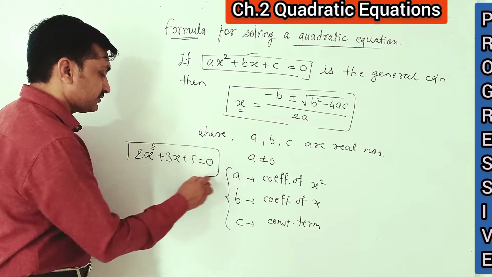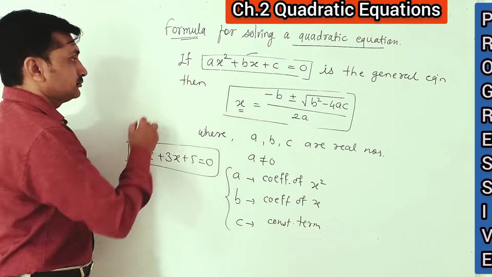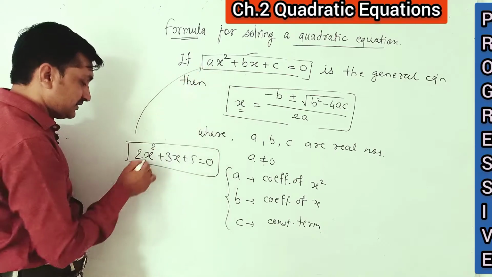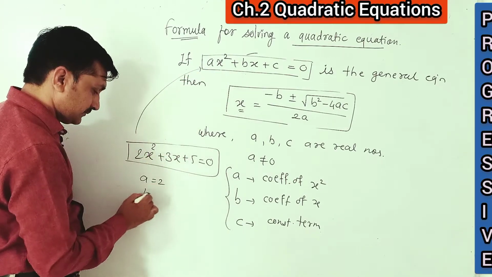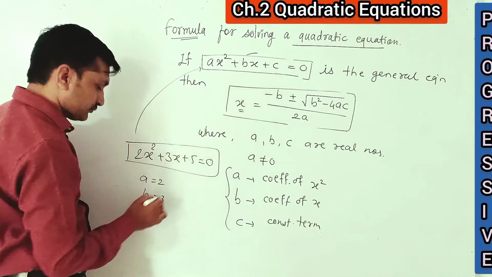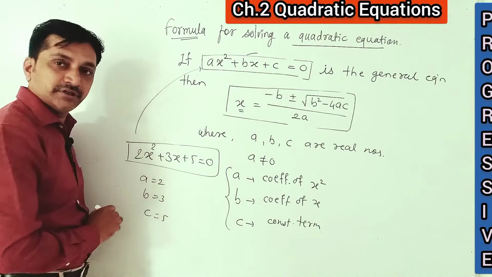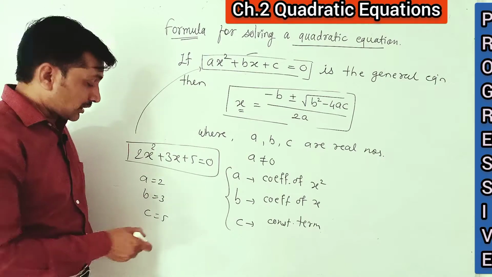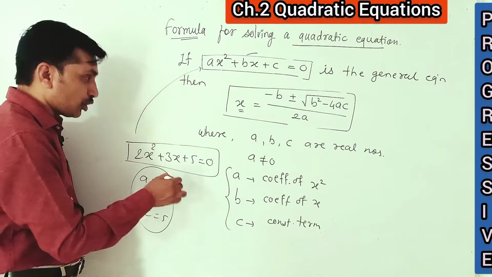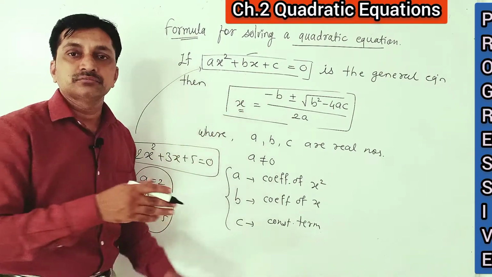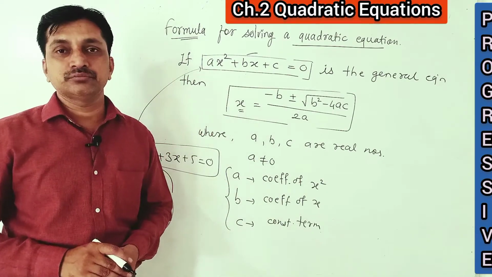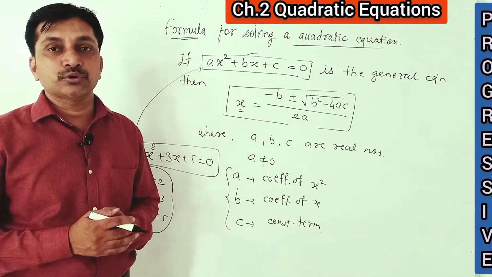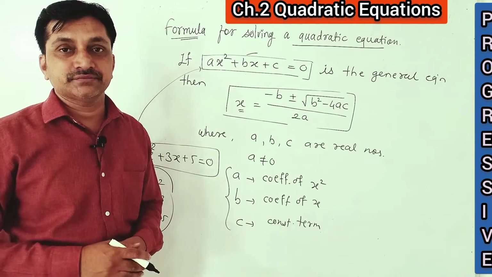If we compare this equation with the standard form, we get a is equal to 2, b is equal to 3, c is equal to 5. In this way, it is very easy. After getting these three values, put all values in this formula, and by solving we get the roots, meaning the x values. Okay, let's start the practice set.